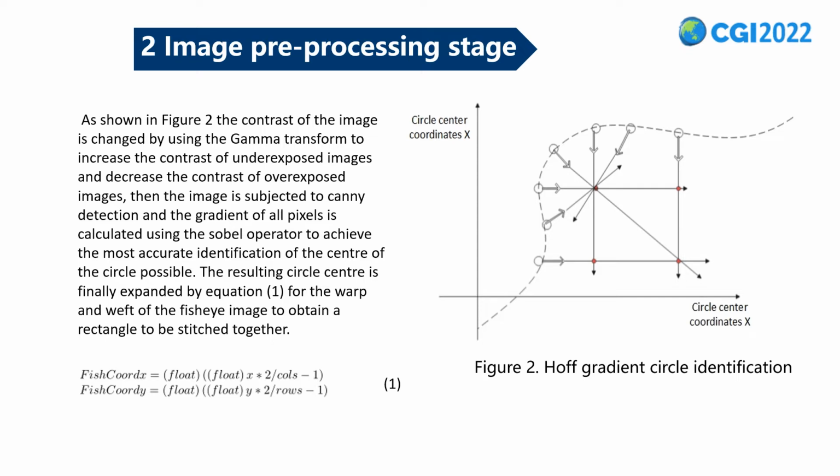Then the image is subjected to Canny detection and the gradient of all pixels is calculated using the Sobel operator to achieve the most accurate identification of the circle center possible. The resulting circle center is finally expanded by equation 1 for the warp and weft of the fisheye image to obtain a rectangle to be stitched together.